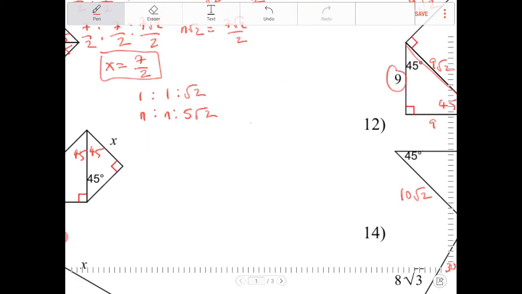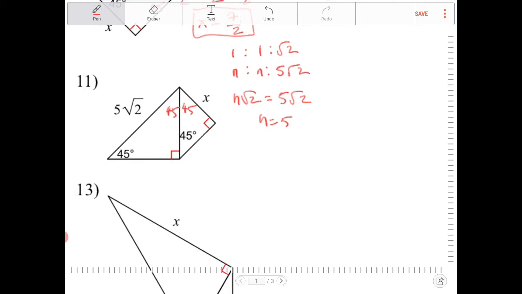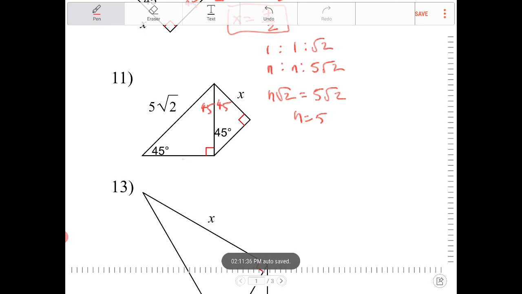I need to find out what n is. n radical 2 is equal to 5 radical 2. n is equal to 5. So I'm multiplying each of the sides by 5. So this is going to be 5, and this is going to be 5.